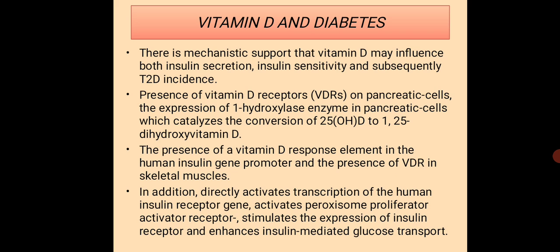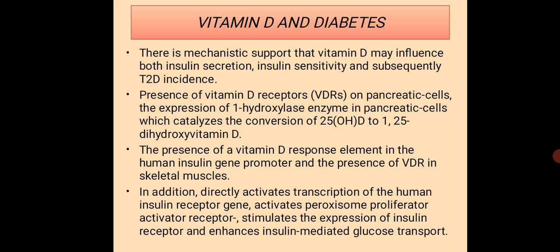Vitamin D receptors, VDRs, are present on pancreatic cells, and the 1-hydroxylase enzyme, which catalyzes the conversion of 25-hydroxy to 1,25-dihydroxy vitamin D3, the active form, is also present in the pancreas. The presence of a vitamin D response element in the human insulin gene promoter and of VDR in skeletal muscles also indicates the importance of vitamin D in diabetes.